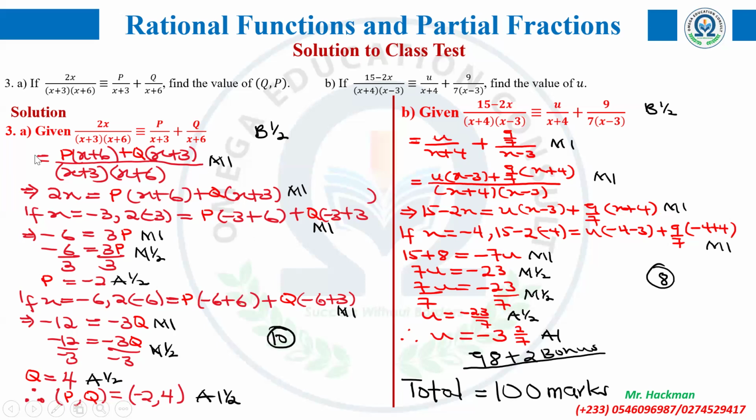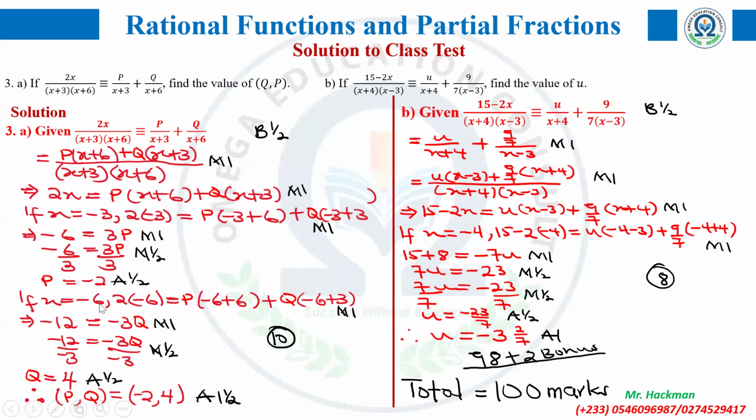Take the LCM, which is what you have there, and now you come and equate the numerators. The linear factors are s plus 3 and s plus 6. So you go for s minus 3, then the other one will be s minus 6. Do that and simplify. That will give you p is equal to minus 2.